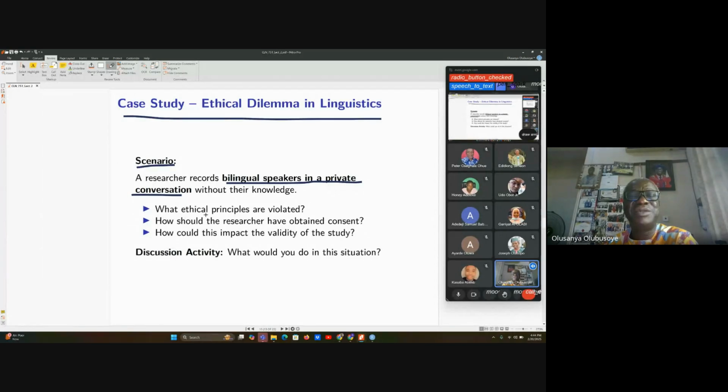What ethical principles are violated? You should be able to answer that. How should the researcher have obtained consent in this instance? How could this impact the validity of the study?